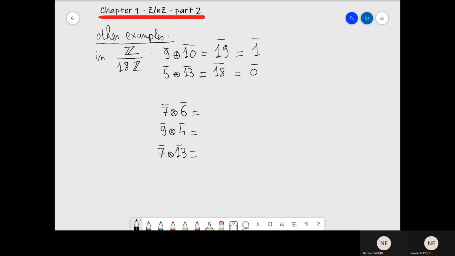So that can happen. You have a sum of two elements where the result is equal to 0 bar.